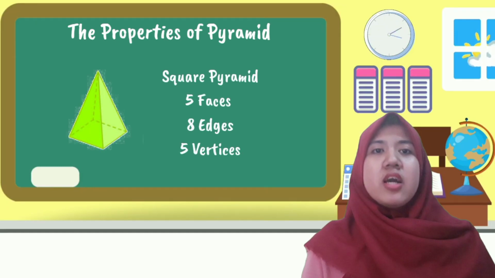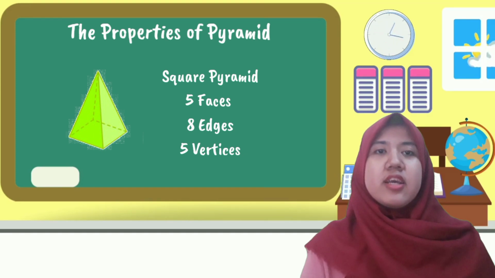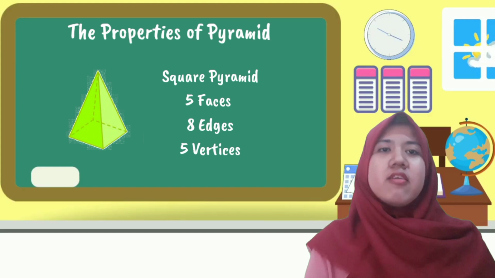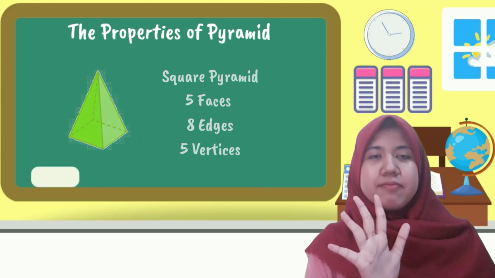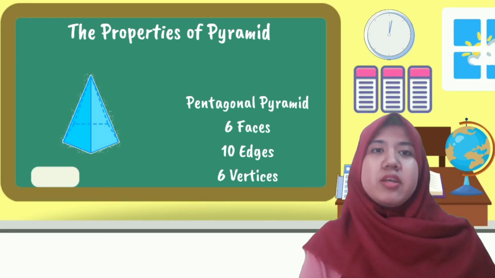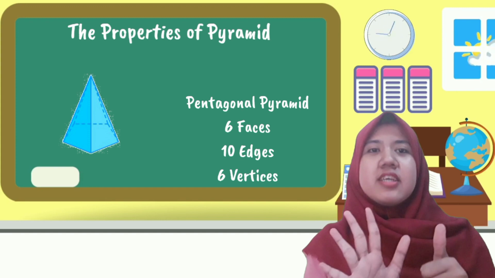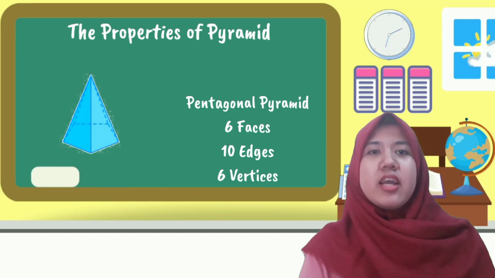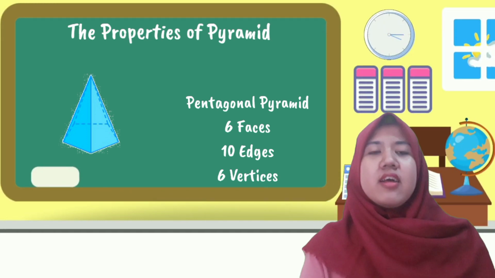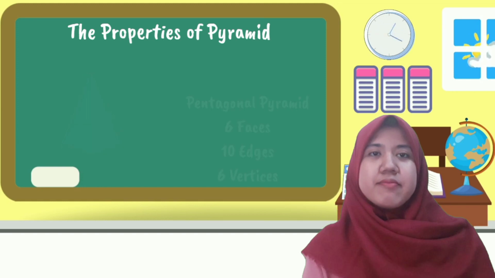A square pyramid has 5 faces, 8 edges, and 5 vertices. And the last is the pentagonal pyramid. A pentagonal pyramid has 6 faces, 10 edges, and 6 vertices.